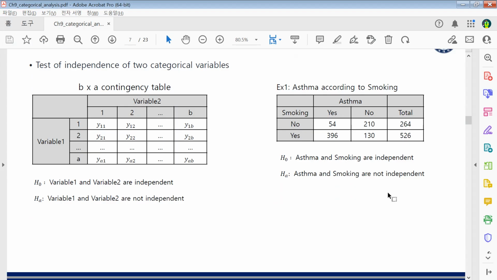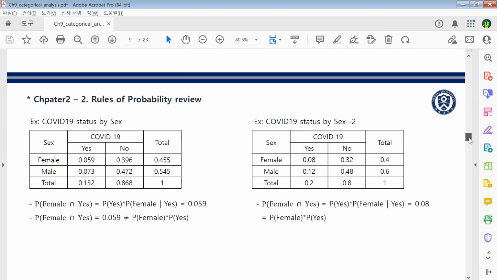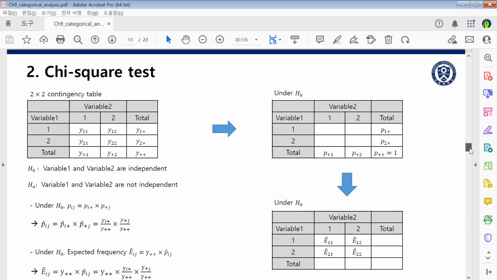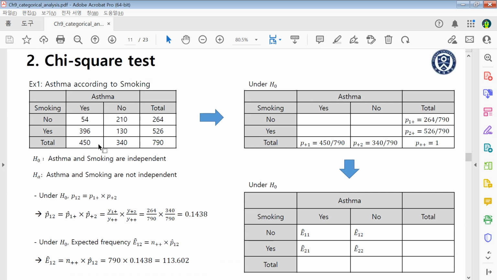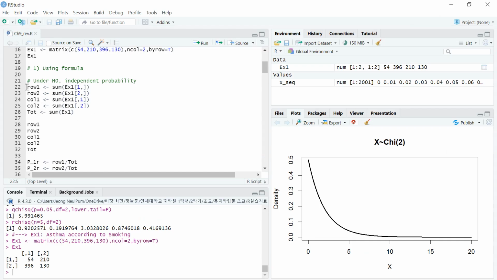And then the next step is getting the summation of each row or each column, using the sum function, and storing its value in our own variable.